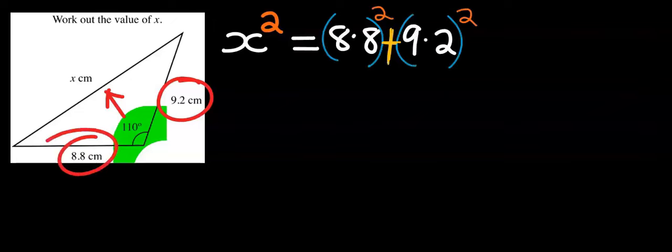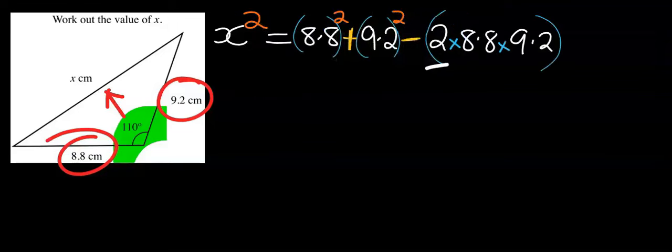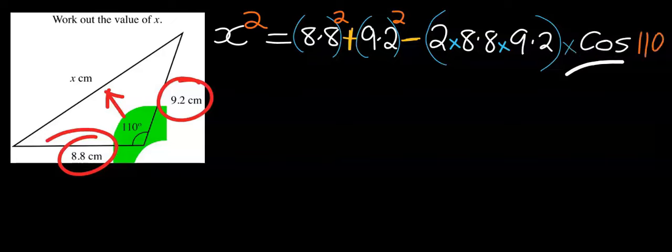Then, you add both of them. Remember, this looks like Pythagoras theorem. Next, we're going to have 2 multiply 8.8 multiply 9.2. Next, we're going to multiply this with cosine of the given angle.